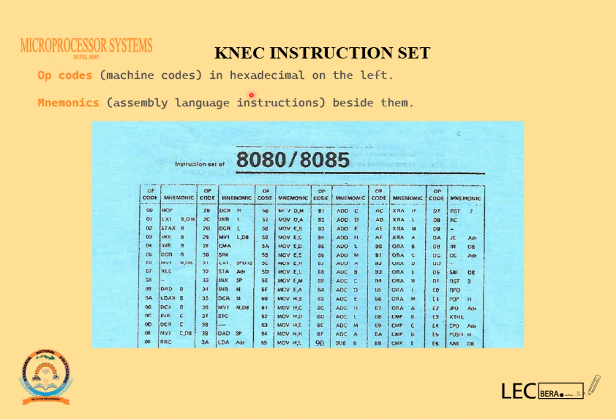The instruction set is normally called mnemonics when it comes to the Intel 8085. The basic structure is the mnemonic. Remember, the instruction has what is called the opcode, and then we have what is called the operand.